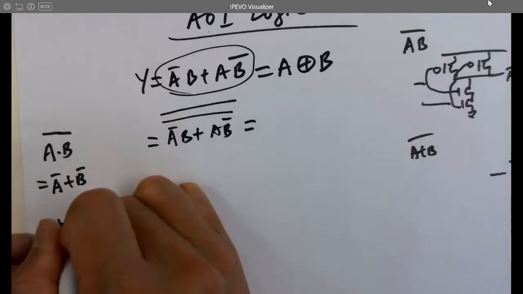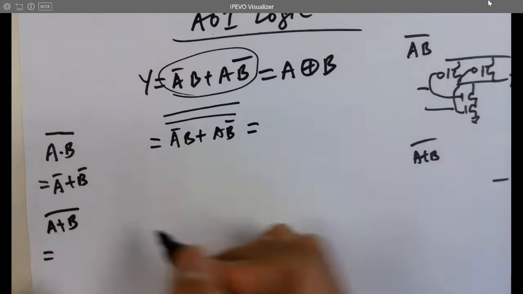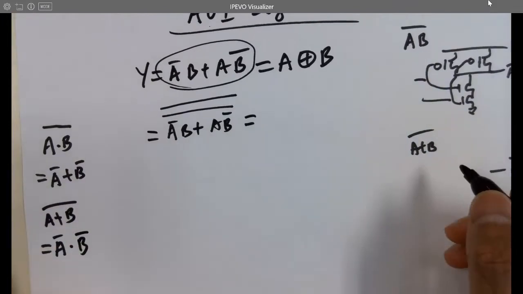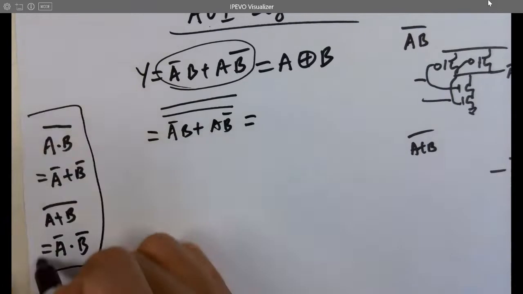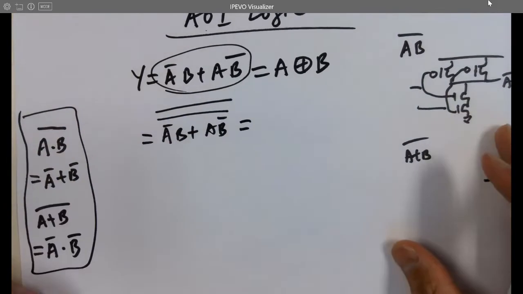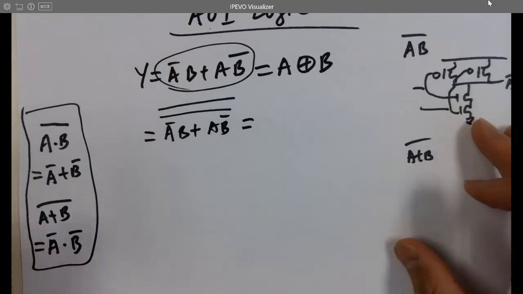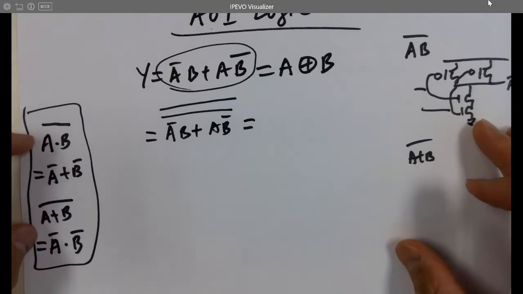A or B, not, split the bar, change the sign, which is A not and B not. Okay, just remember this one. It's from Logic 1, just C241. So here's the conclusion. We're not trying to derive it, but just keep it in mind.